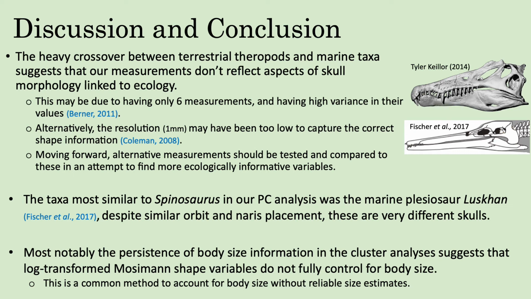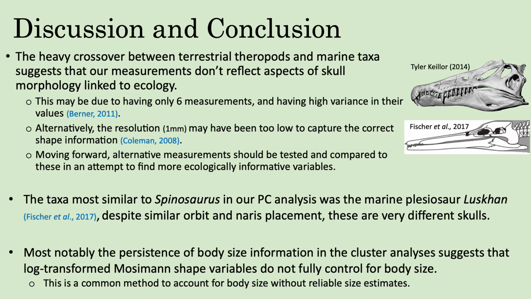Alternatively, our resolution of 1 millimeter may not have been sufficient to capture shape information at smaller scales. So moving forward, we would suggest that other measurements are taken and tested against those we've tried here in an attempt to find ones that are more ecologically informative.